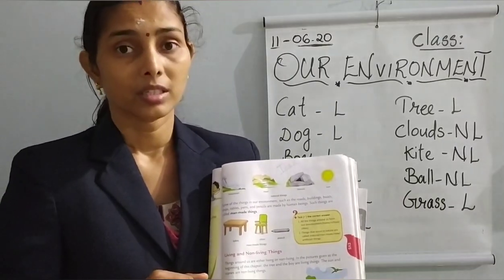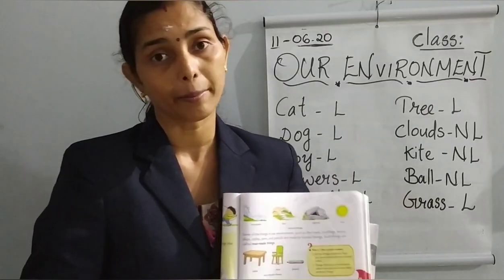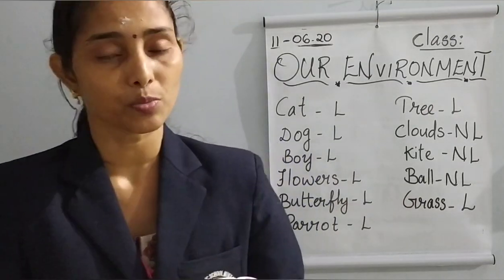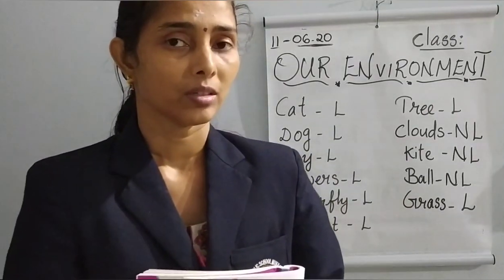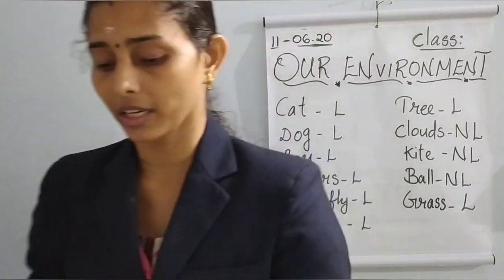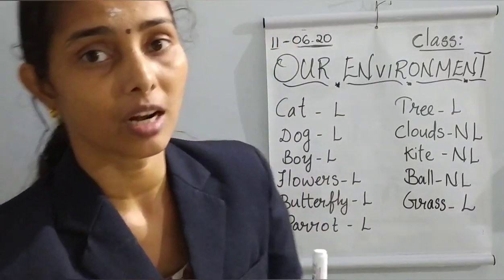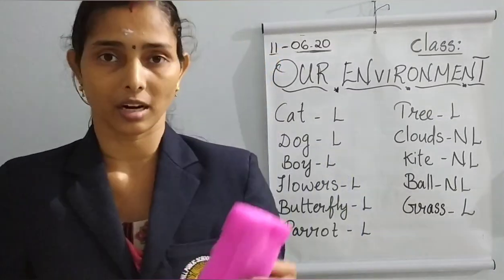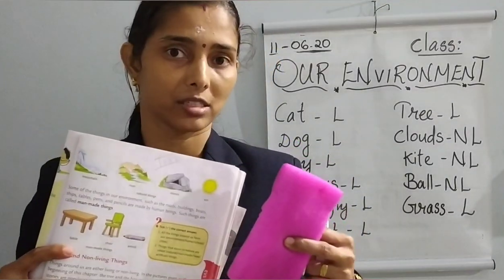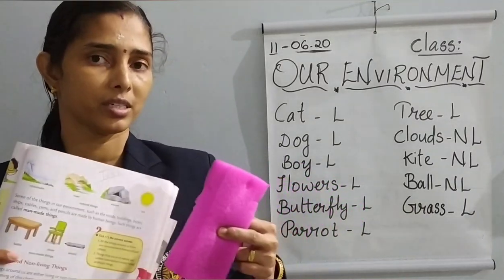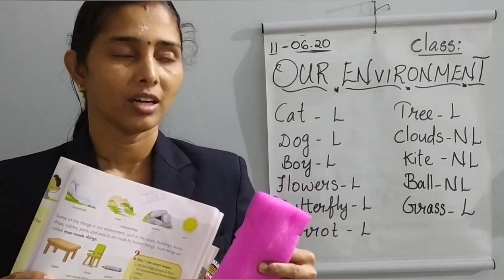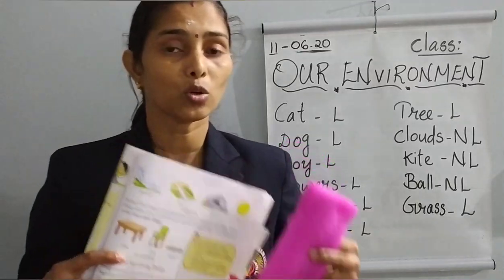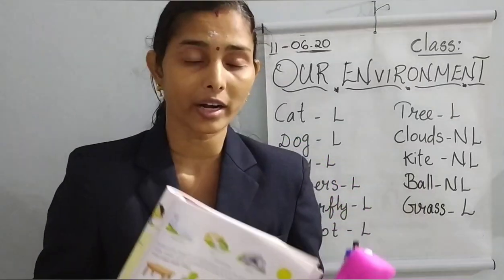What about man-made things? All the man-made things you can see are pen, pencil, eraser, duster, book, etc. These all are man-made things. These are all made by human beings, isn't it? Then we can say that all the man-made things are non-living things.